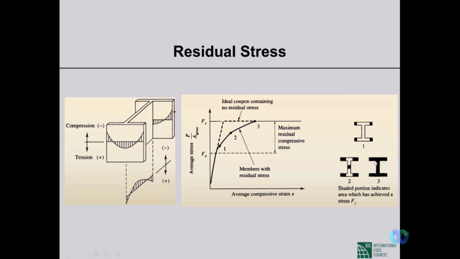But in this process, there are compressive stresses at the edges of the flanges and the middle of the web, and in other places there are tensile stresses. And due to these residual stresses, when actual load comes onto these sections, the additional compressive stress causes local buckling.